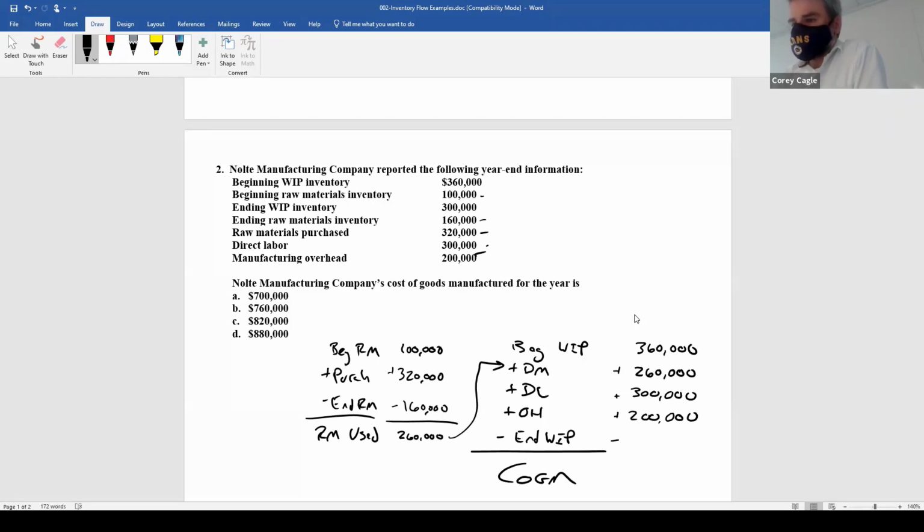Subtract what's still there unfinished, 300. And we're left with the cost of the goods that we did finish. 360 plus 260 plus 300 plus 200 minus 300 is 820, which is C.